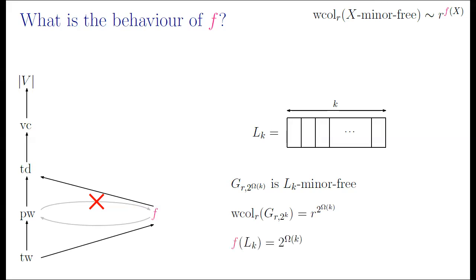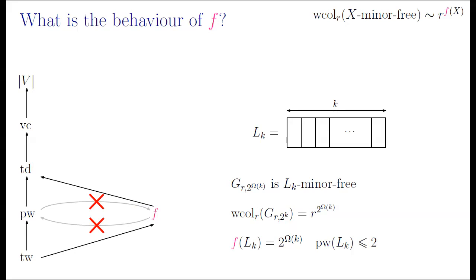So F of L_k is large, and pathwidth of a ladder is at most 2. This is not hard to check. So again, we have two very simple constructions, just a tree and a ladder, to show that pathwidth is not good in any way.